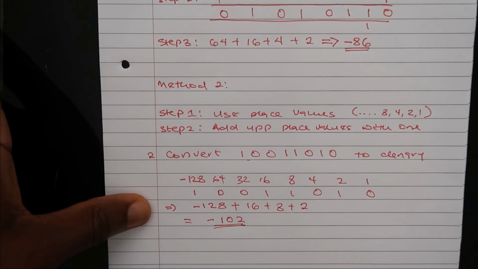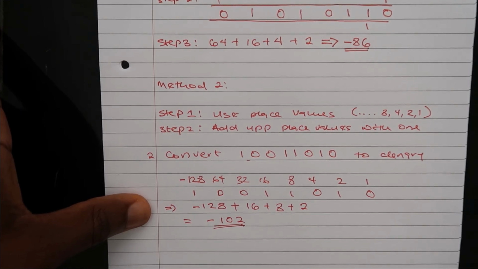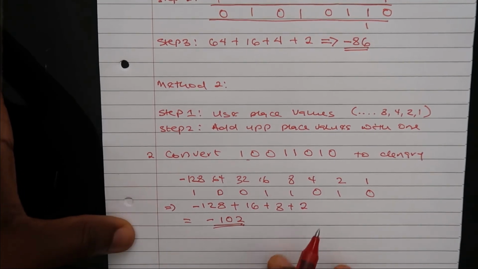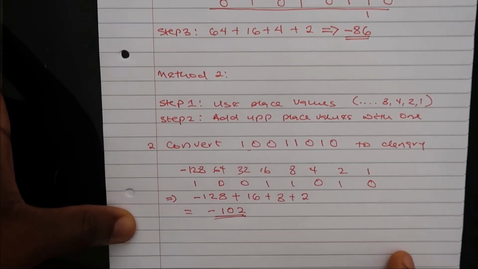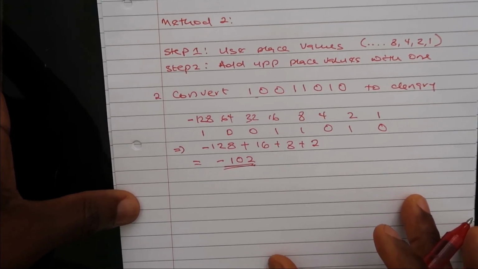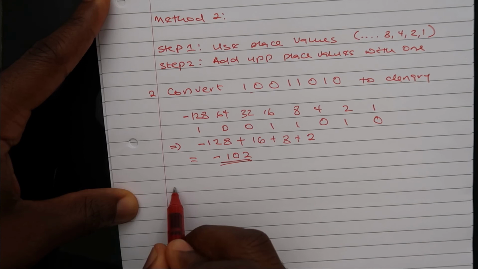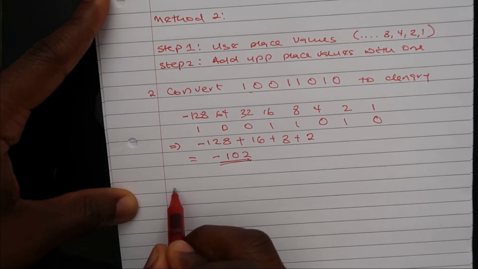Now, we said that 2's complement is much better when performing arithmetic operations, as against sign and magnitude, which does not work very well with arithmetic operations. To prove that, let's do a simple problem to show that 2's complement actually works very well with these arithmetic operations.